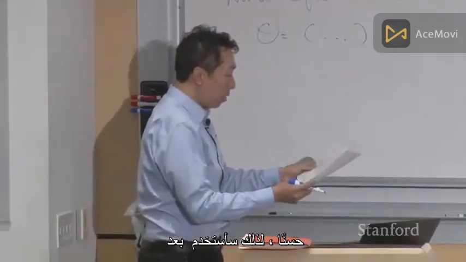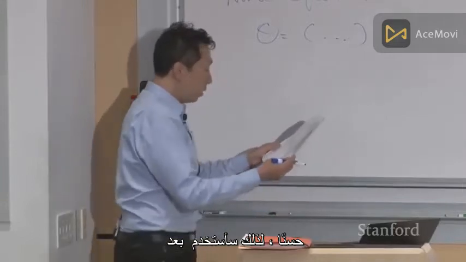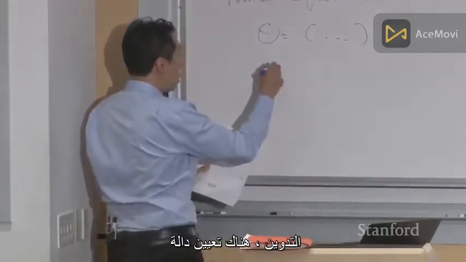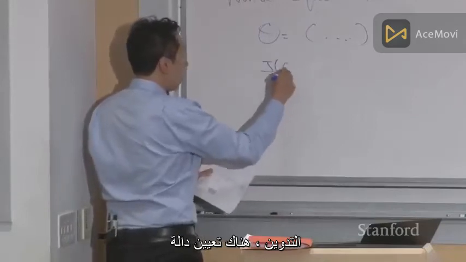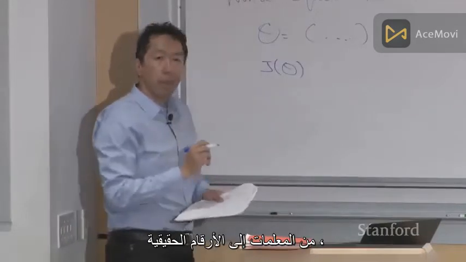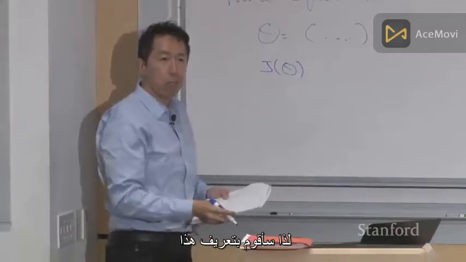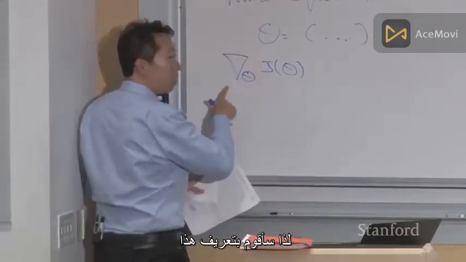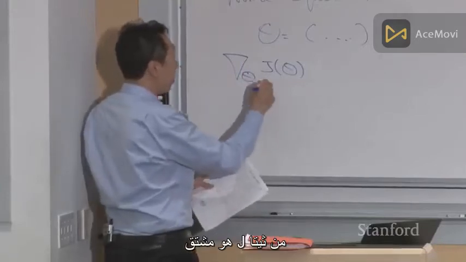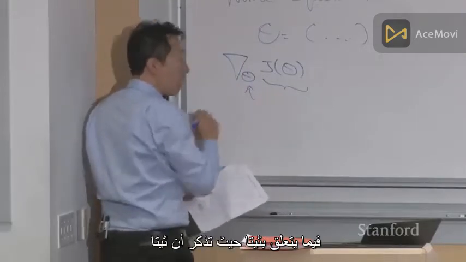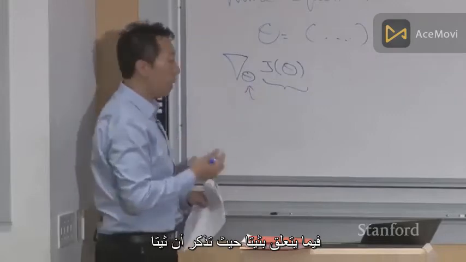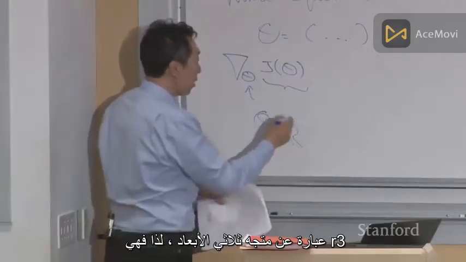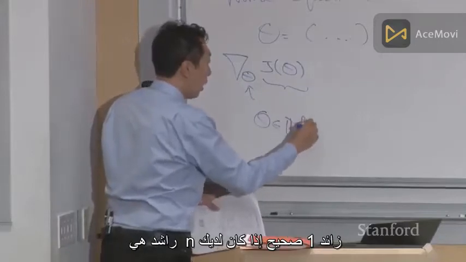Okay, so I'm going to use the following notation. J was a function mapping from parameters to the real numbers. So I'm going to define the derivative of J of theta with respect to theta, where remember theta is a vector in R^(n+1).